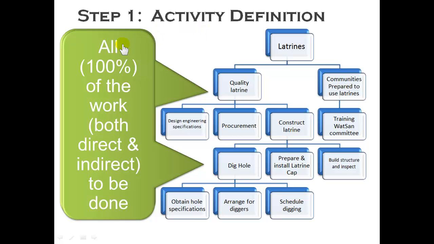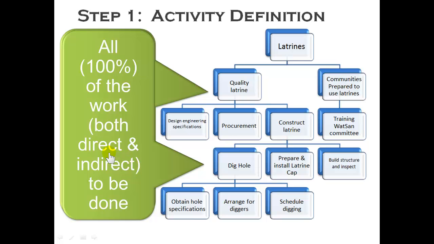And here's a statement that's called the 100% rule, that all of the work, both direct and indirect, needs to be done and listed in the work breakdown structure. Okay? And that word indirect is extremely important to understand, so be sure you know the distinction between those two.